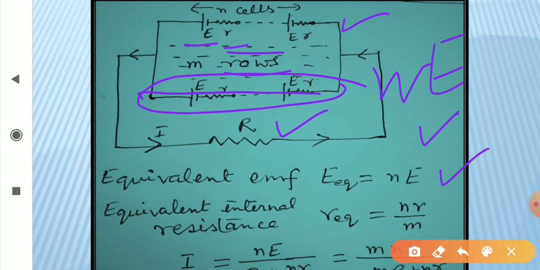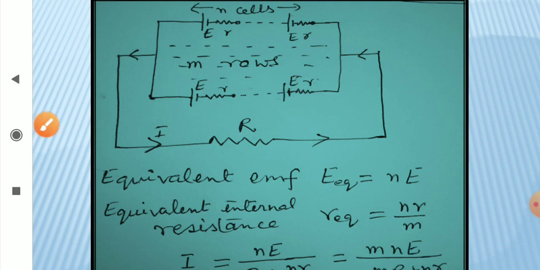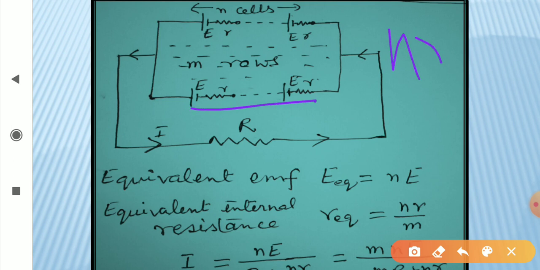Now equivalent internal resistance. Just try to understand it. The internal resistance of one line is NR. They are in series. And there are M such rows. We have M such lines in all. So internal resistance becomes NR upon M, right?